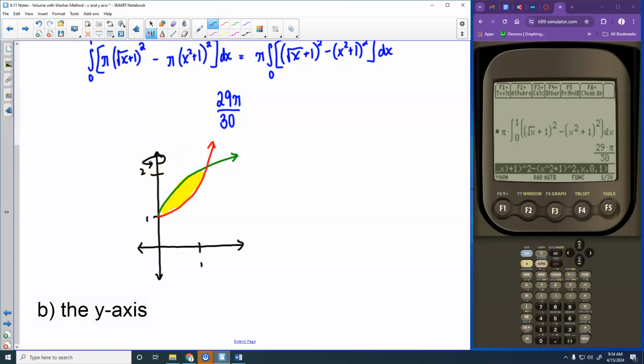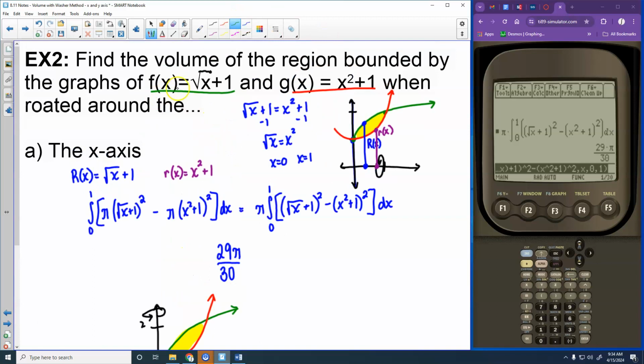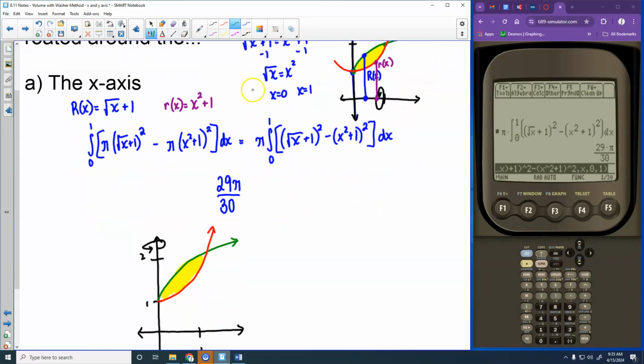So that means when I'm thinking about my outside and inside radius, it's not the top and the bottom, it's the furthest right and the furthest left, like the furthest away from the axis you're rotating around and the closest to. And I need everything in terms of y for this. So I've got f of x equals square root of x plus 1 for that green graph.